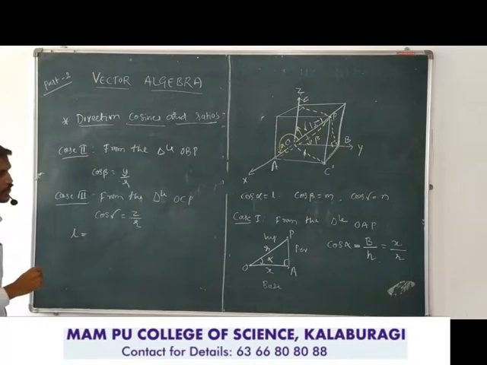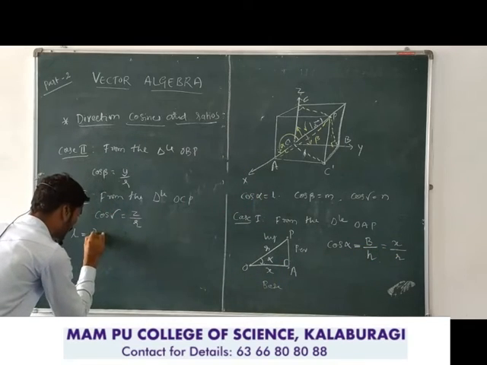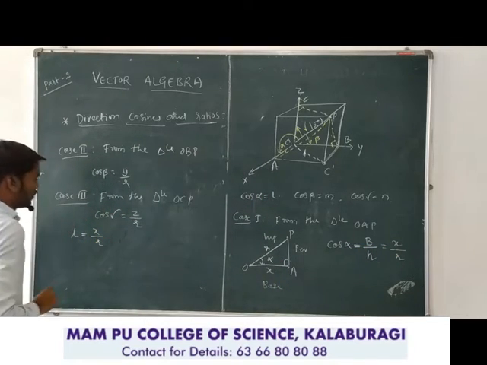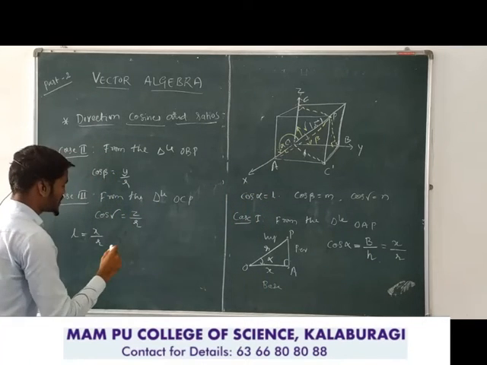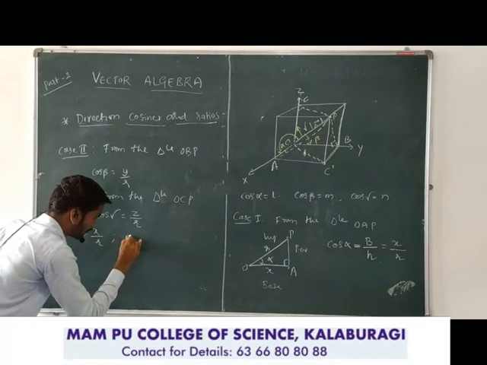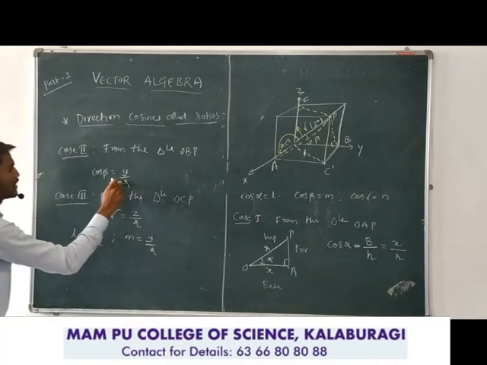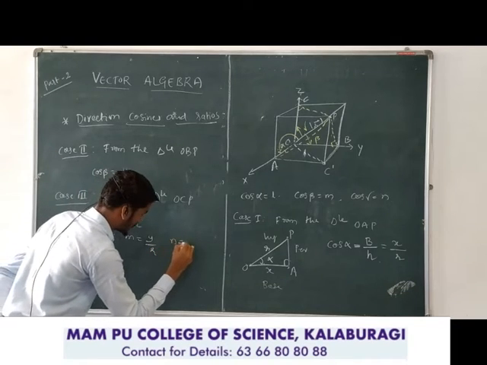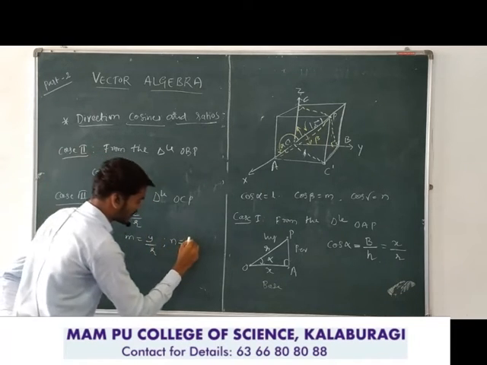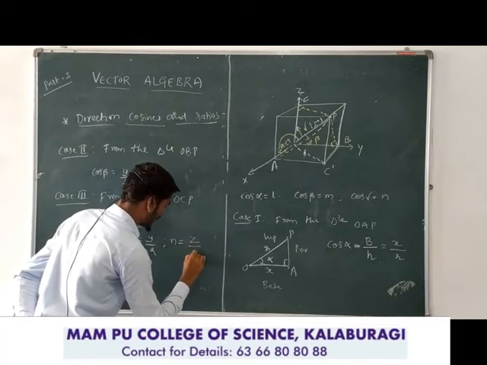L is equal to the cos alpha value, which we finally get as x by r. Second, what is cos beta? Cos beta is m. M is equal to y by r. And n is equal to z divided by r.